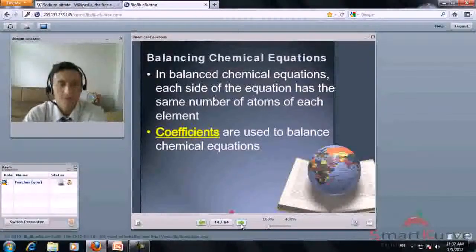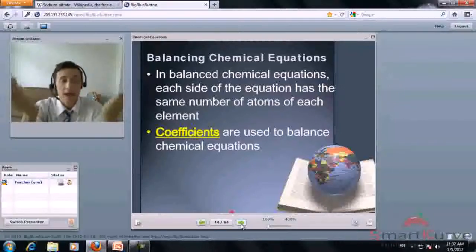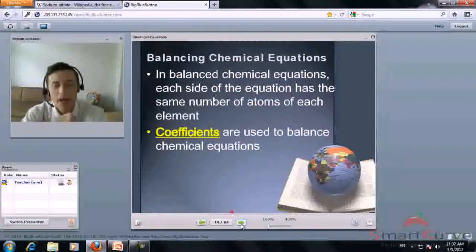Here we go. And this is what we call balancing equations. Remember, again, balance means having the same on both sides. In balanced chemical equations, each side has the same number of atoms of each element, the same in the reactants and the same in the products. All right?